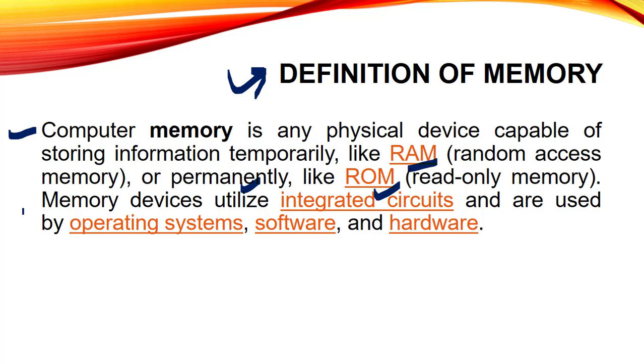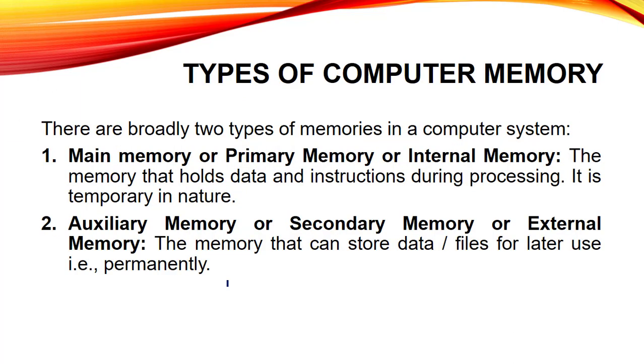These memory devices utilize integrated circuits and are used by the operating system, software and hardware. So generally these memories are either permanent or temporary, but they are capable of storing data, and they are made up of integrated chips, and can be used by the operating system, software or hardware.